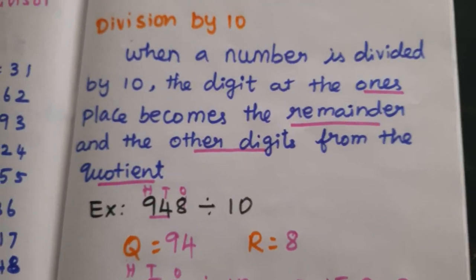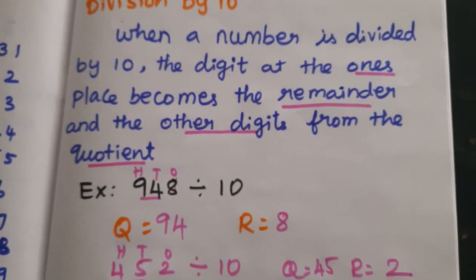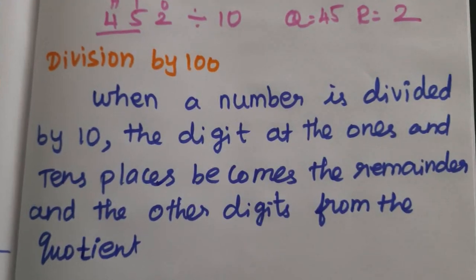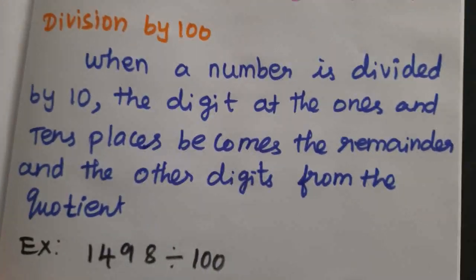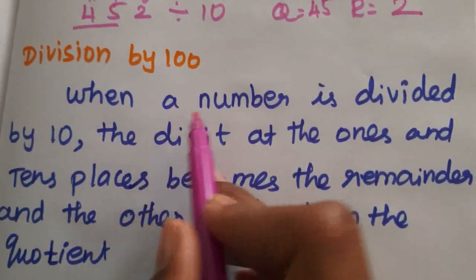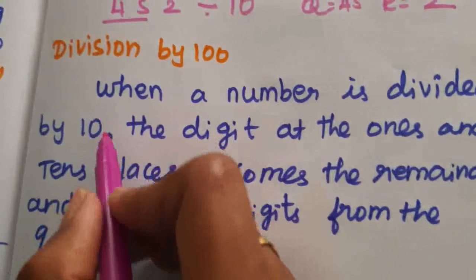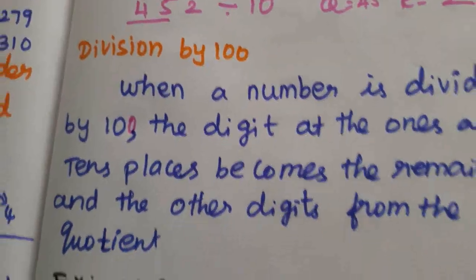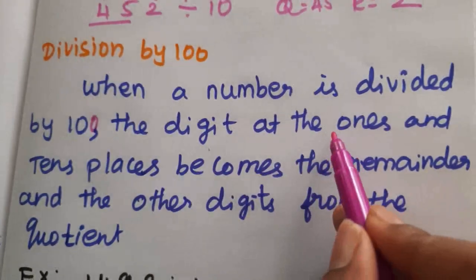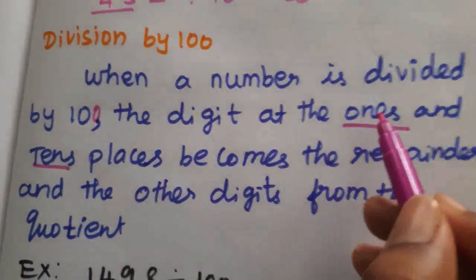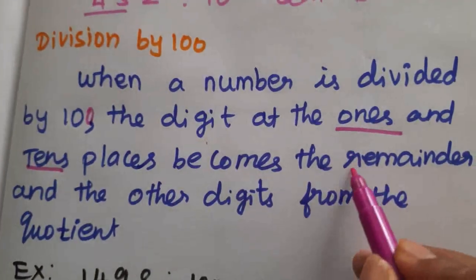So next one is the division by 100. So listen carefully. When a number is divided by 100, the digits at the ones and tens place become the remainder.